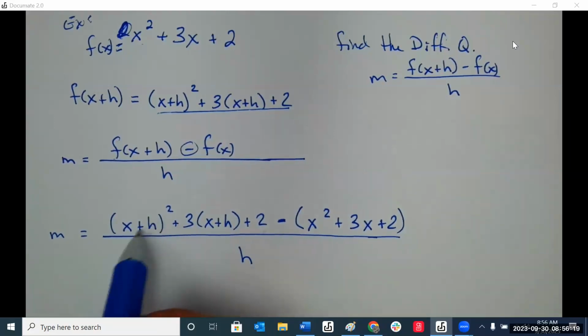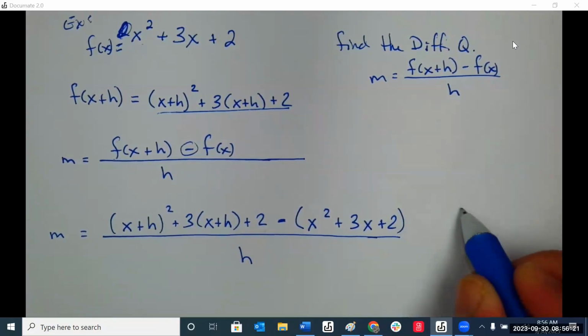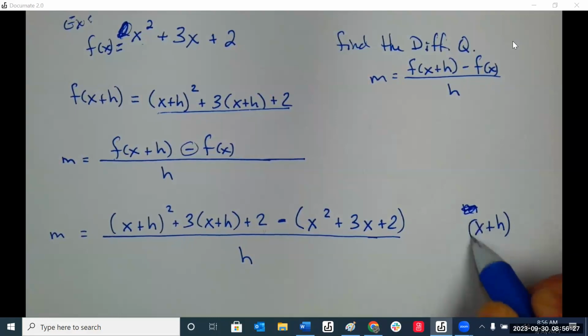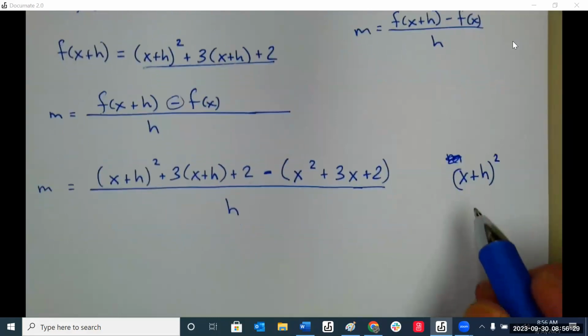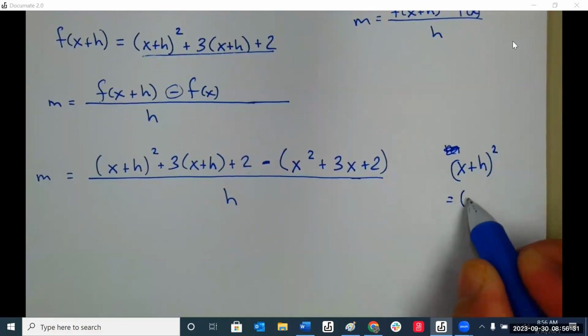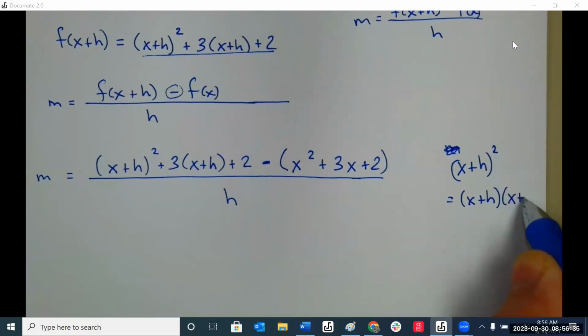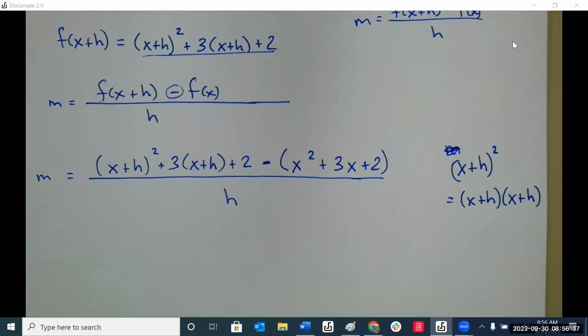Now, this part here is going to give us some trouble because x plus h squared really means x plus h times x plus h. We haven't covered this yet, but they throw it in chapter 2.